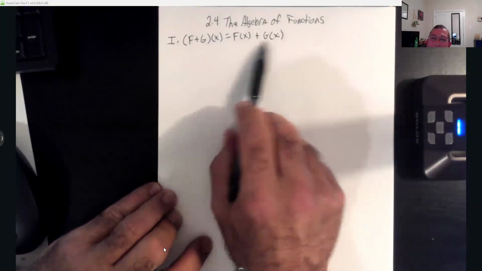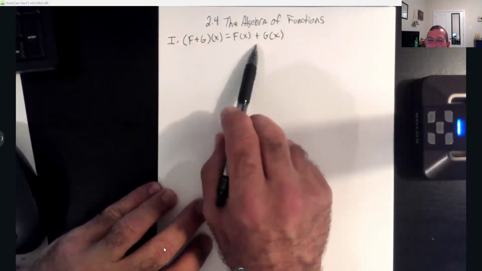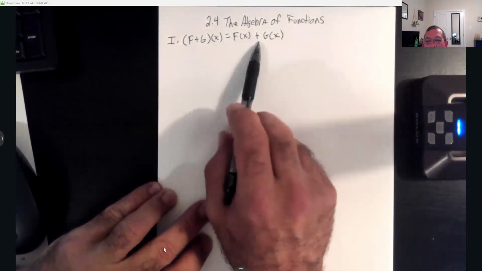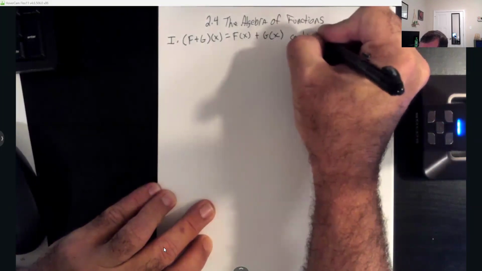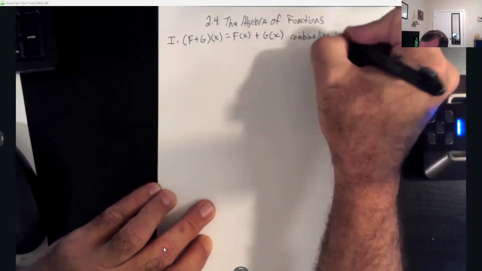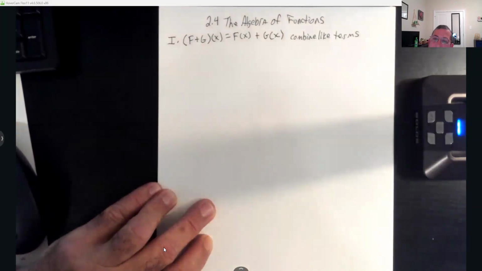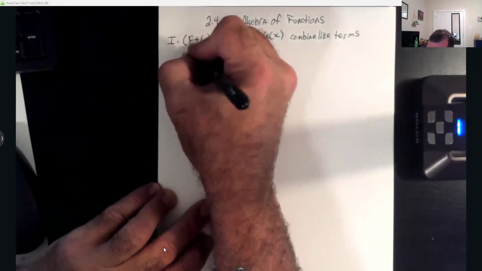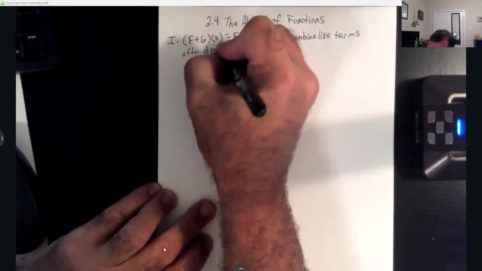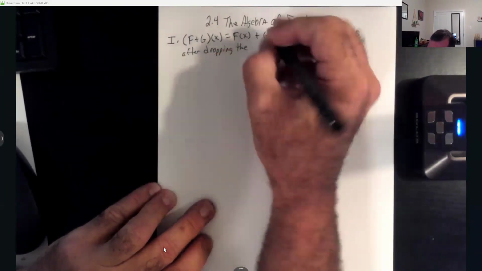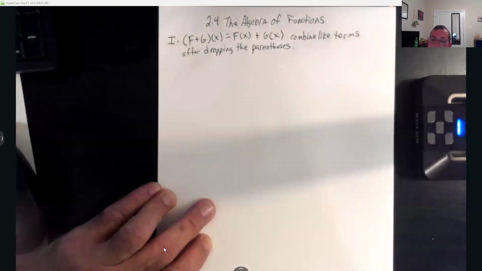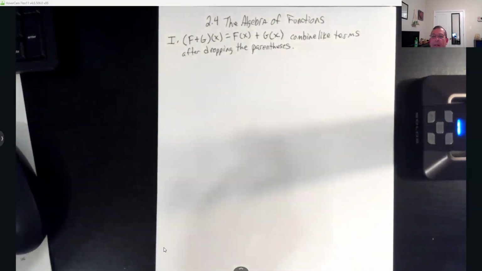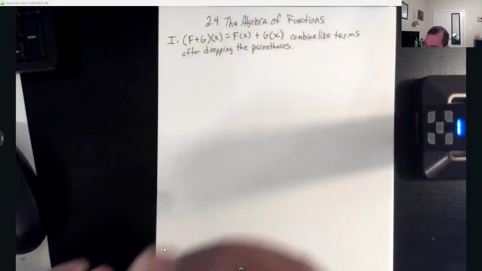Now, the only thing I can do when I'm adding two functions, the only thing we can do, y'all, is combine like terms after dropping the parentheses. Okay, because we always put our functions in parentheses. So when I add them, all I'm going to do is drop the parentheses and then add my like terms.